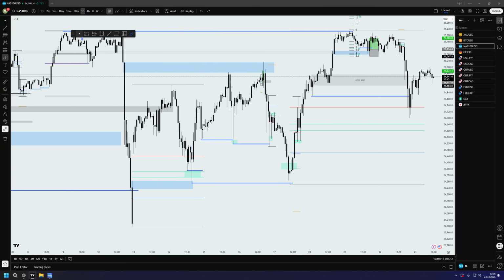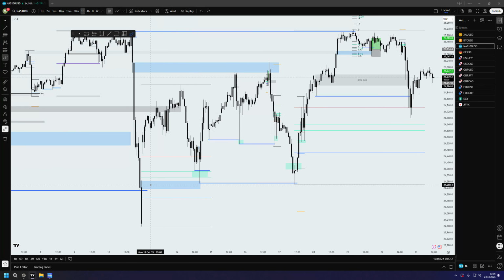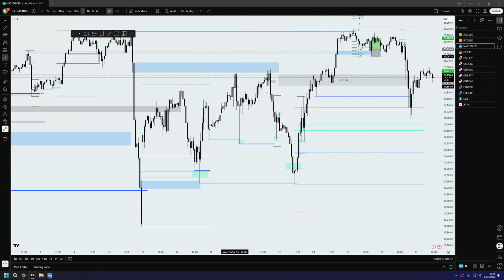What I didn't really talk about is that usually if a level like the OT aligns with some sort of a POI or liquidity, it usually works, and it works like a charm. So OT, liquidity sweep, then hidden base right here, and it just rallied to another hidden base.